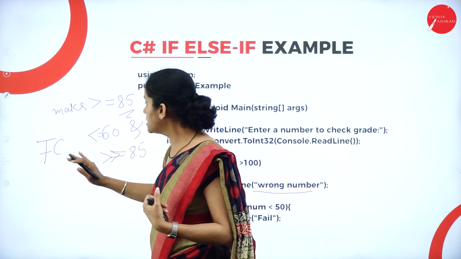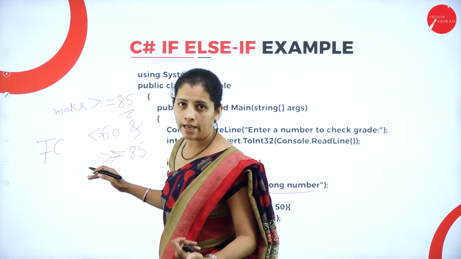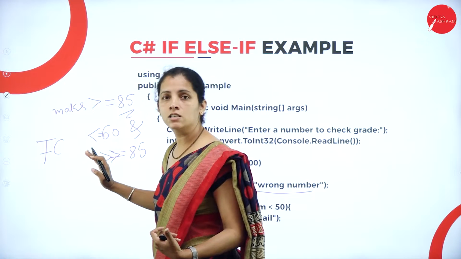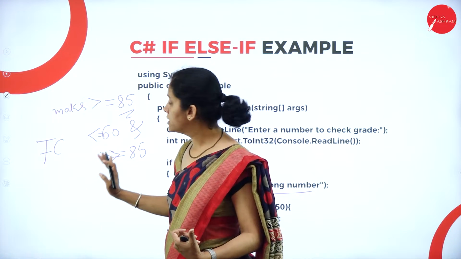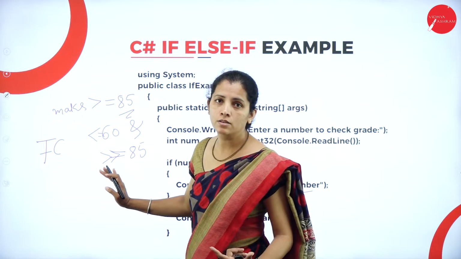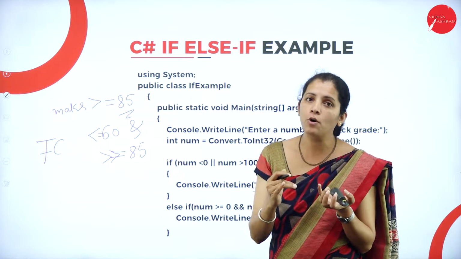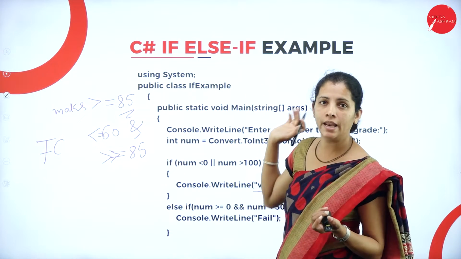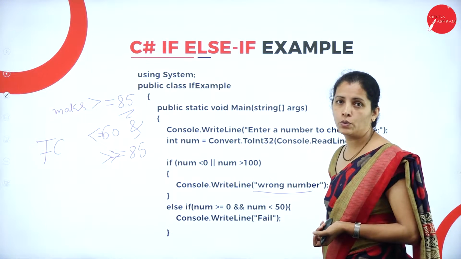Then the next condition, below 60, it is second class. Above 35, then it is just pass. Below 35, then it is fail. So I have certain possibilities. To check all these possibilities, I'm going to use the if-else-if ladder. So this is the example program I'm going to have.